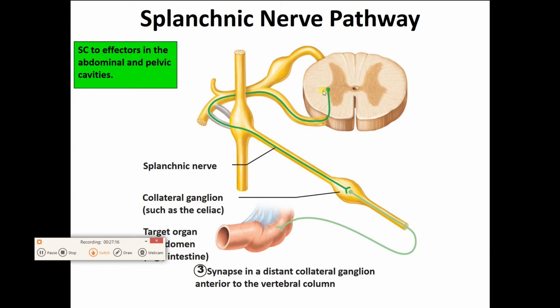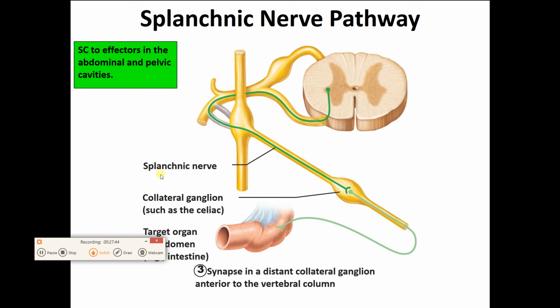Starting lateral horn, remember T1 to L2, out, ventral root, spinal nerve, white ramus communicans. We go into the ganglion, but we don't stop. Last time we stopped in the ganglion. This time we leave the ganglion via a nerve, and these nerves leaving the ganglion to go to the abdominal and pelvic organs are called splanchnic nerves.